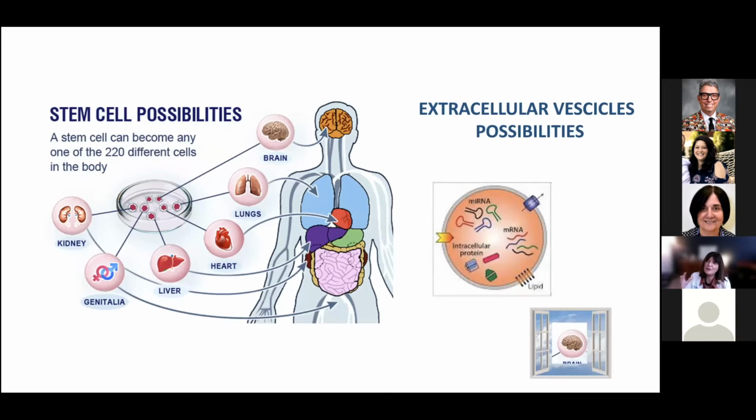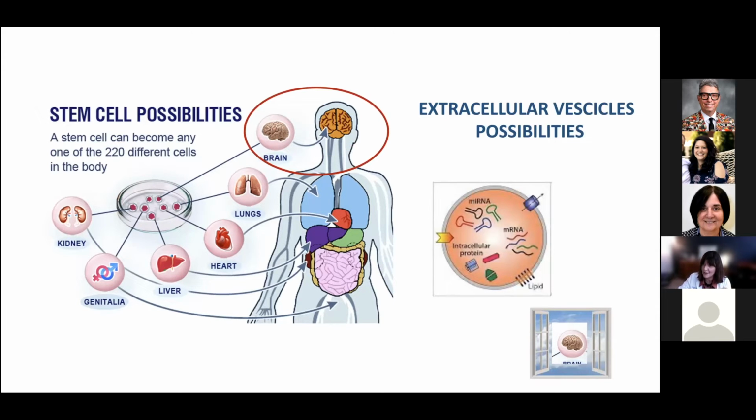So these are the possibilities that we now have in the lab, given to us by the stem cells and by these extracellular vesicles, to really study your disease, to really study the patients rather than having all these laboratory-made models. Because as I said earlier, the stem cells can become everything in our body, every tissue, every cell.